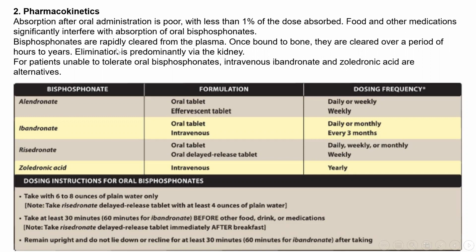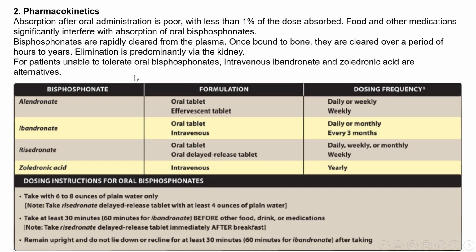Another feature is that they do not stay in the plasma for a long time. They are immediately cleared, but they stay in the bones for years. So their biological half-life is much longer than the plasma half-life. Elimination is mainly through the kidneys.